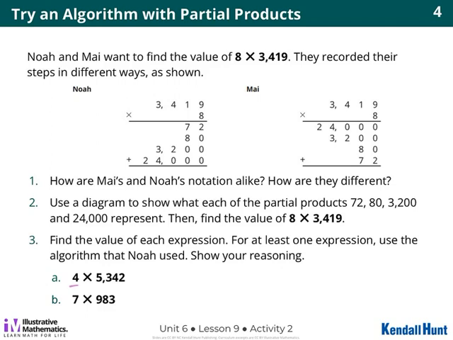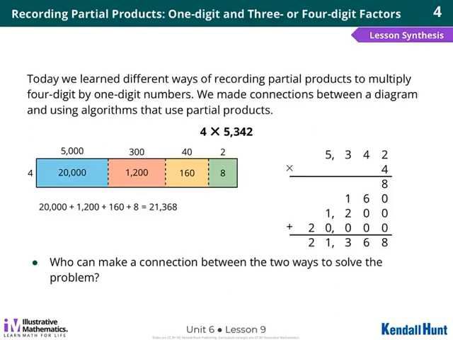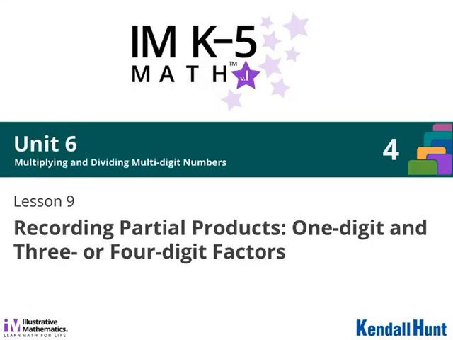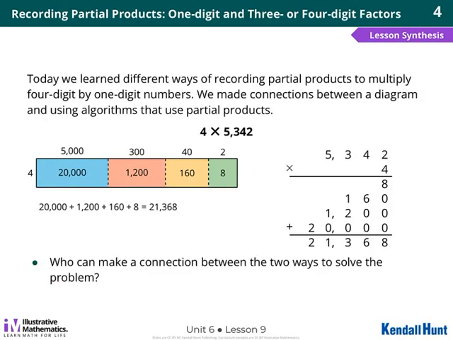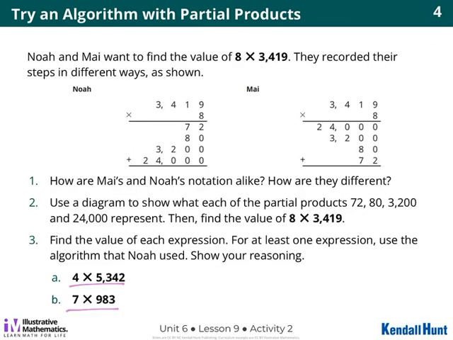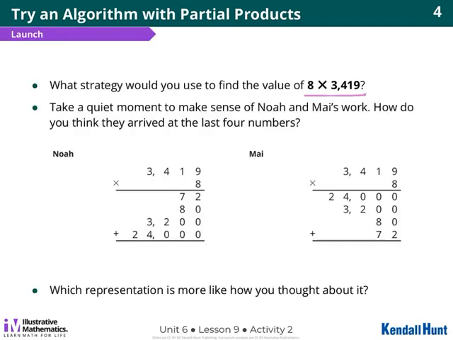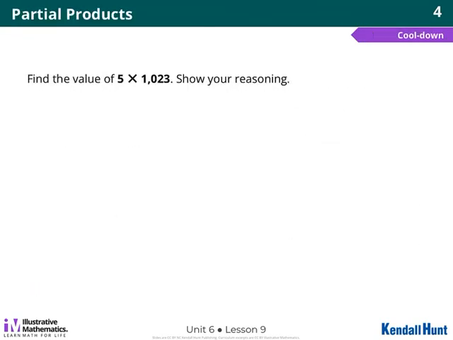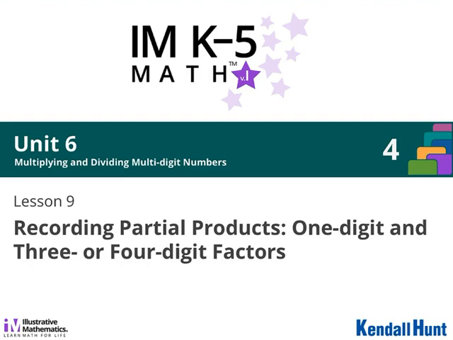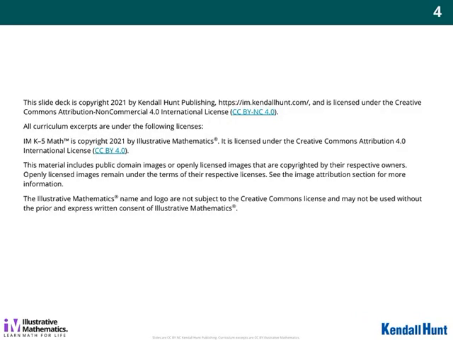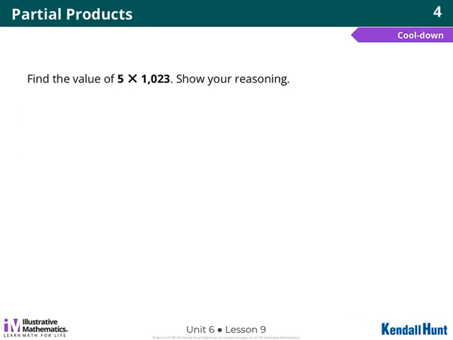So, where is the question? Okay. Let's see, A or B, which one do you guys want to use Noah's strategy with? Just say it. A. 4 times 5,342. So let me get a blank page. Darn it. It didn't give me a blank page. Okay. It's on this page. Like if you go backwards, that one's a pretty blank page. That's the cool down page.